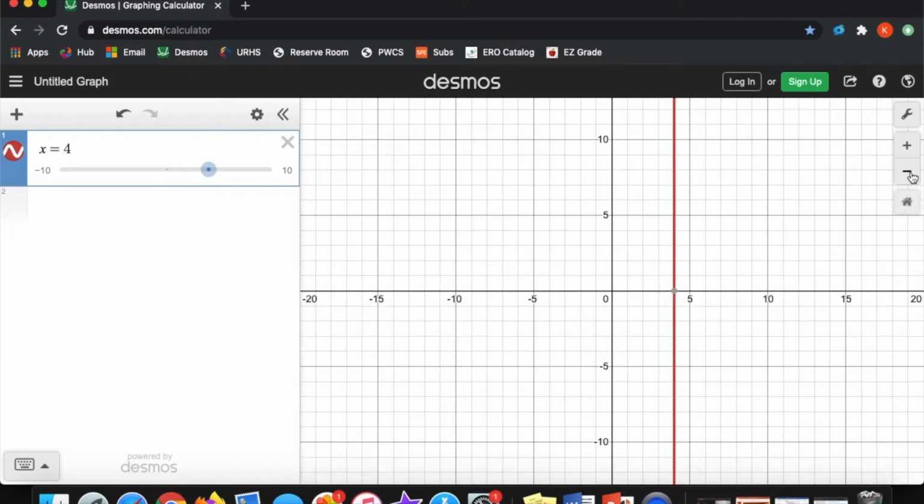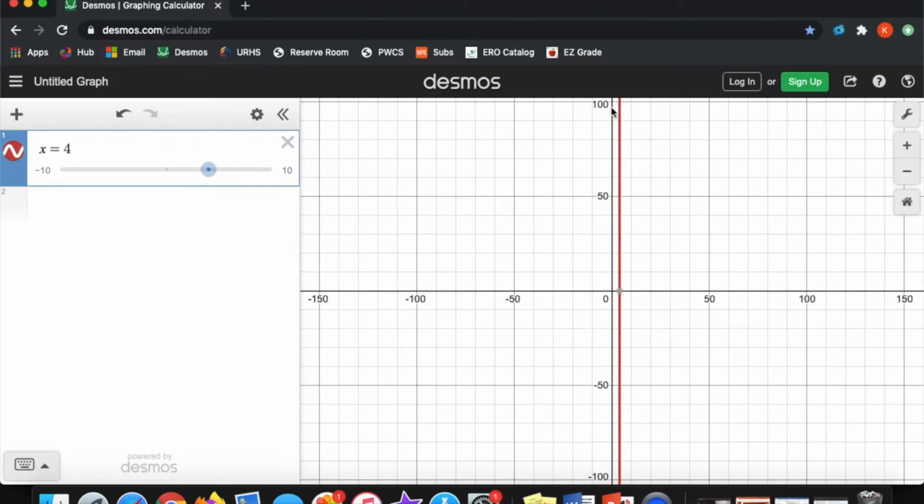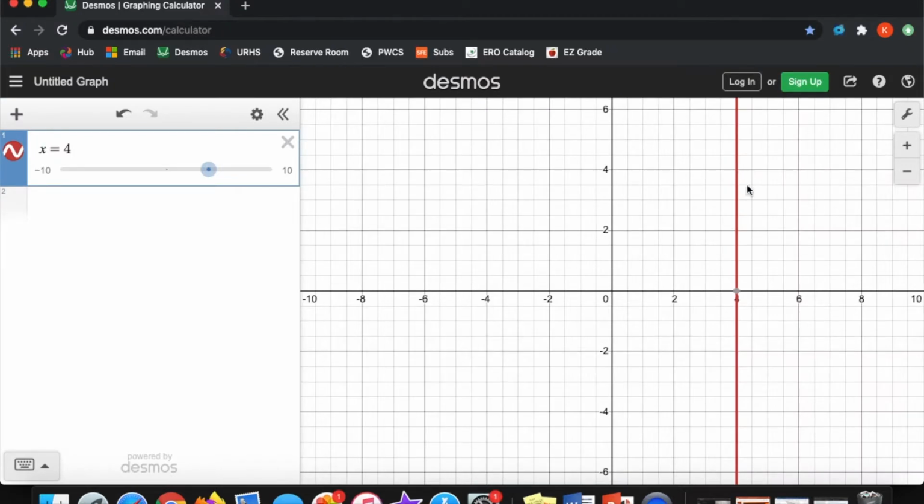Even when I zoom out, it's going to stay completely vertical that whole time. So that's what's true about vertical lines. I can even adjust what the x value is, and as long as it's just x equals a number, it's going to cross through that spot on the x-axis, and it's just going to be a completely vertical, straight up and down line.